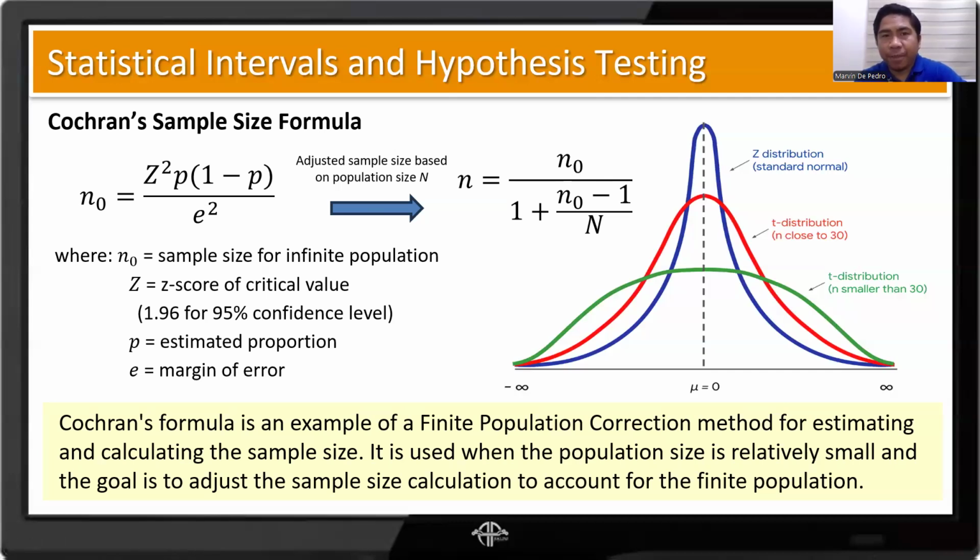So let's say 100, so it becomes 100 over 1 plus 99 over 500. If you compute that, you'll see that it's lower than 100. That is now the adjusted sample size based on your finite population size, which is your N.